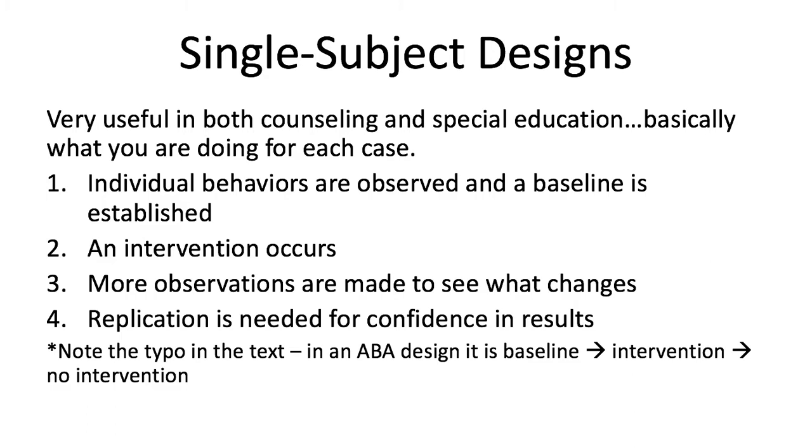I also want to note that there is a typo in the text. When they're talking about the ABA design, I think they say baseline, intervention, and then another intervention, but it should be that there's no intervention. And so you can see what happens when you take that intervention away, whether the changes that you saw are sustained or go back to baseline.